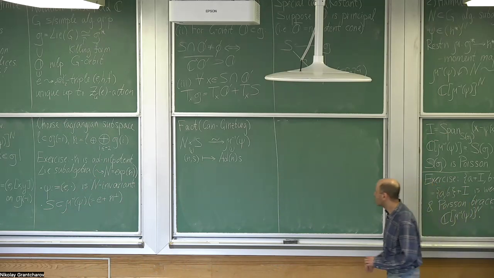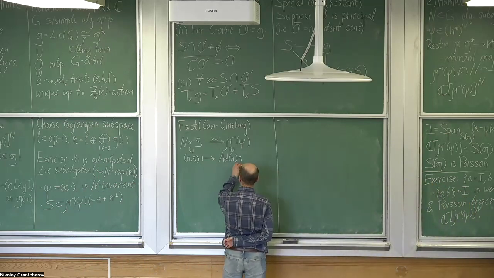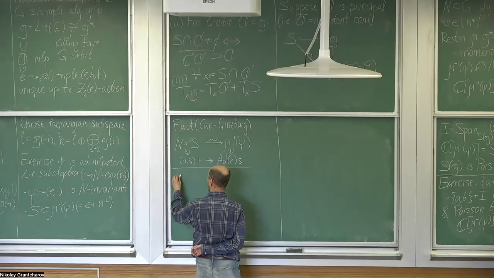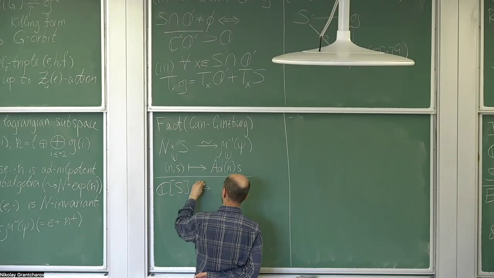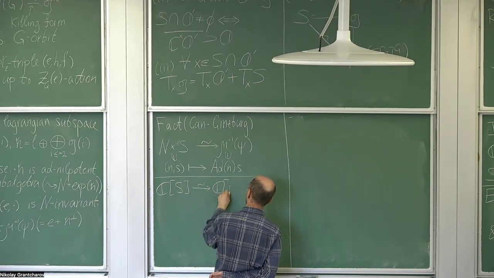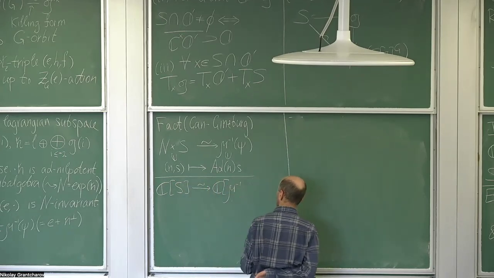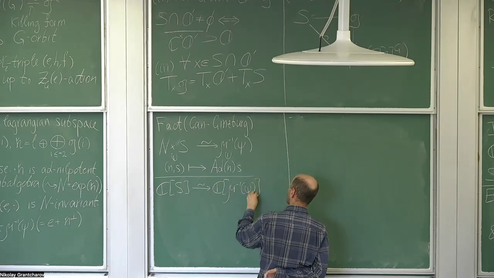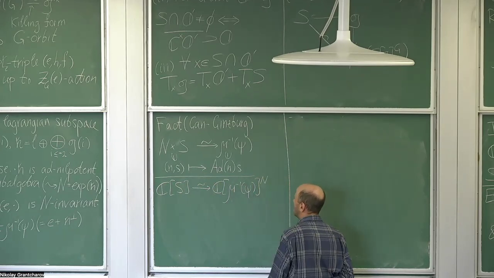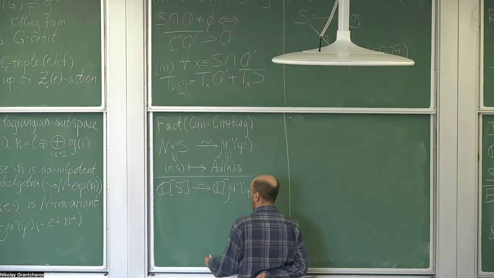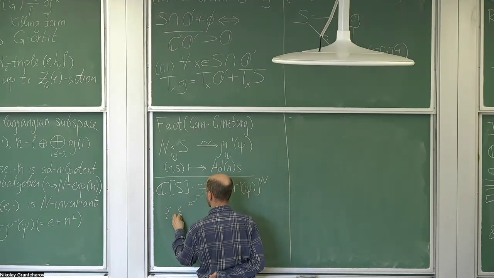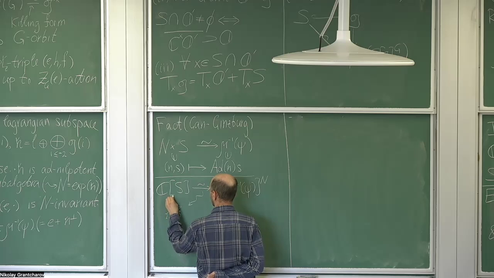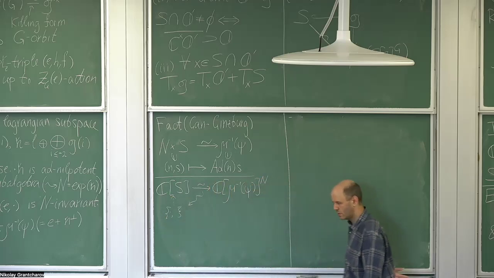Okay. So a conclusion is that this fact does give us an identification between the functions on S and this Hamiltonian reduction. And therefore, we get a bracket on the left-hand side.